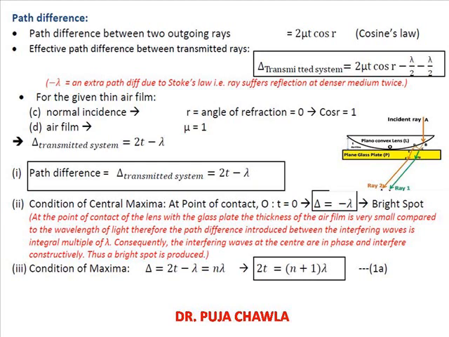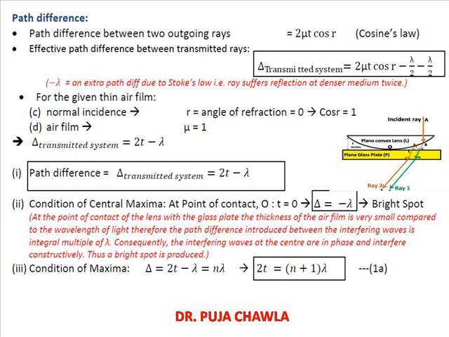Now our aim is to find out the effective path difference between the transmitted rays. For finding out the effective path difference, what did we do in the previous video? We determined the points at which Stokes law is applicable.